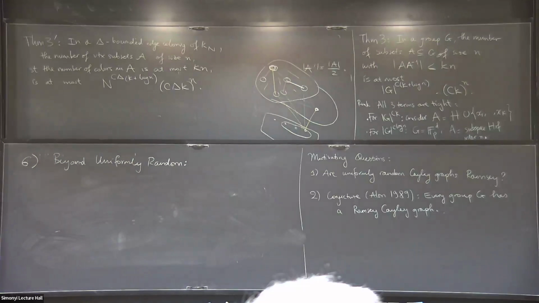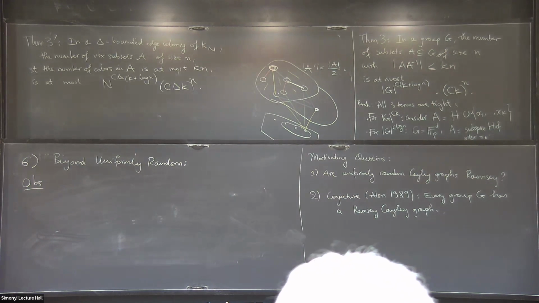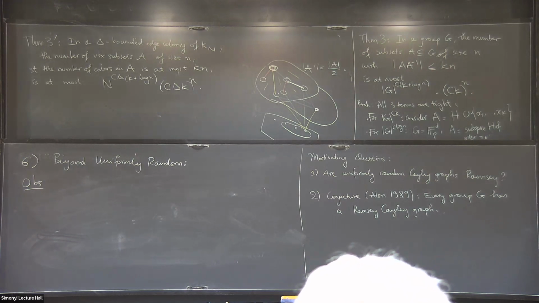So, I will just start with an observation. Why is the clique number in F_2^d, or F_p^d in general, of order log n?